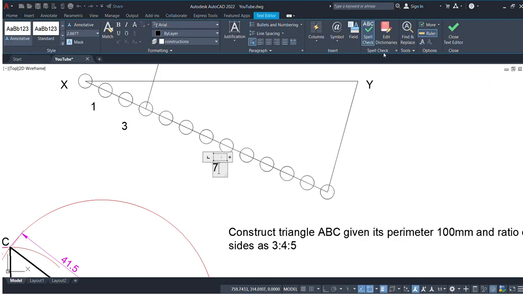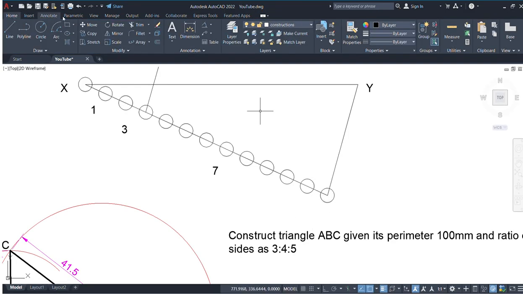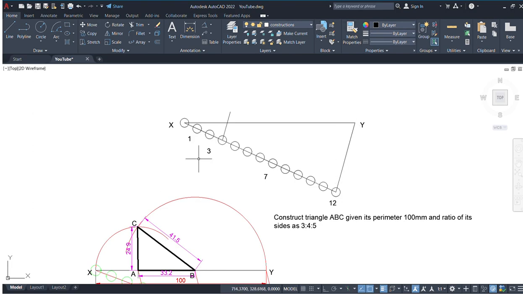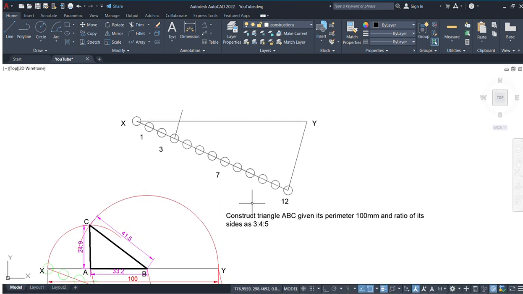That's point 7. And then the final one is at point 12. So those 3 points, draw lines.